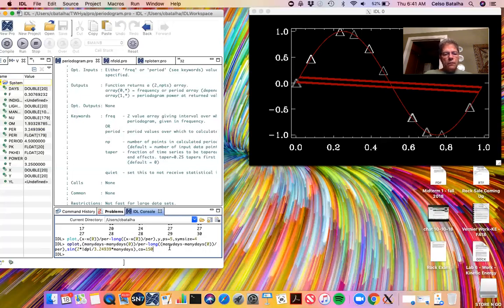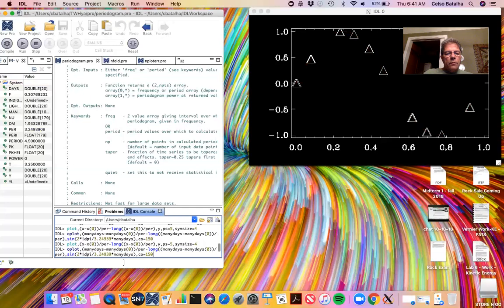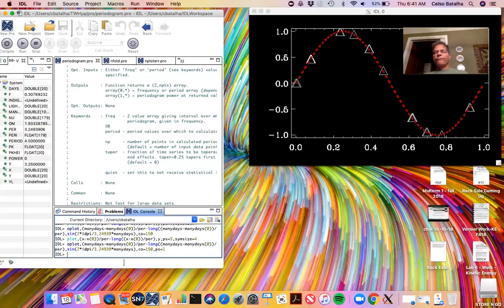If I plot with psym equal 1, I think, there you go, so I'm not connecting anything. So I fold here the observations of the perfect star.